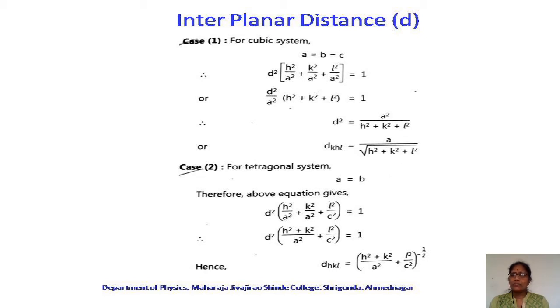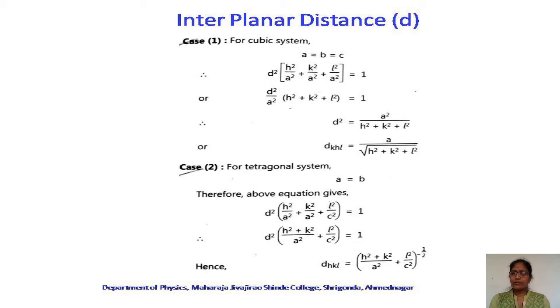So taking a equal to b, that is, we have to substitute the same value for a and b in the formula, we will get d square into bracket h square upon a square plus k square upon a square plus l square upon c square is equal to 1. d square will become 1 upon h square plus k square upon a square plus l square upon c square, and taking square root on both sides you will get d hkl is equal to 1 upon square root of h square plus k square upon a square plus l square upon c square.